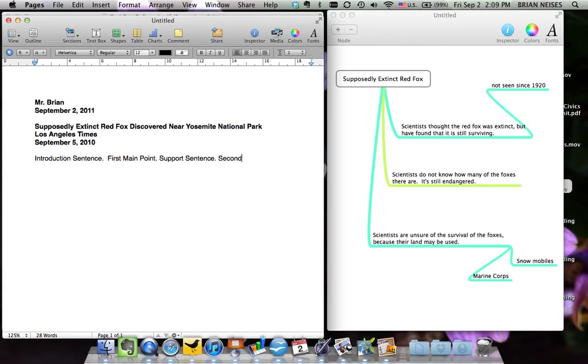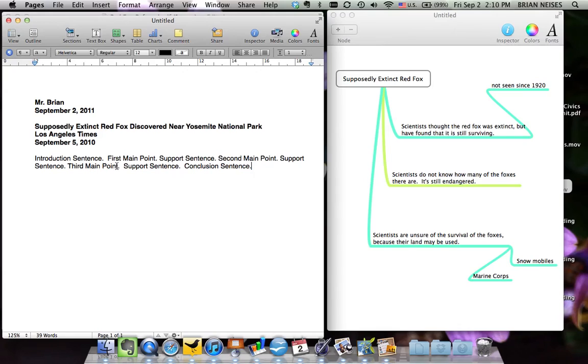Then it'll be a second main point with a support sentence following it. My third main point with a support sentence following it. And finally, I wrap it up with a conclusion sentence. Okay? And that's going to be my format.